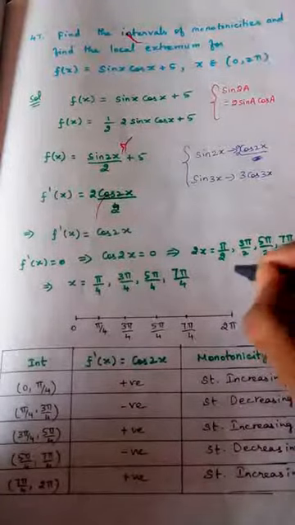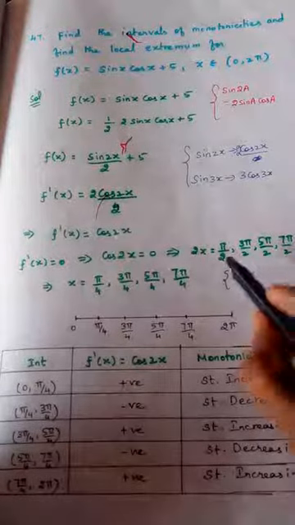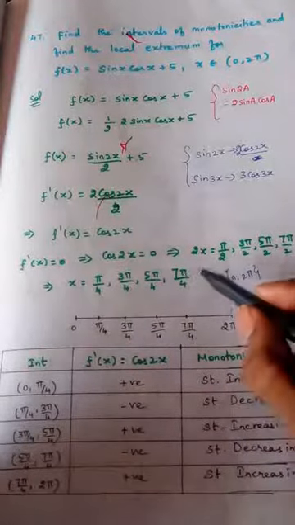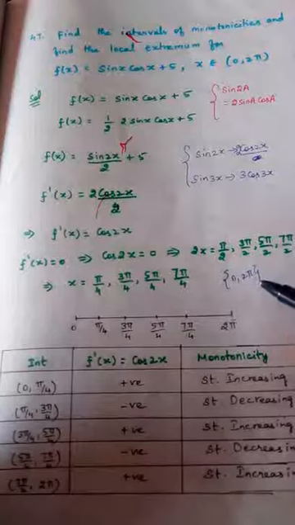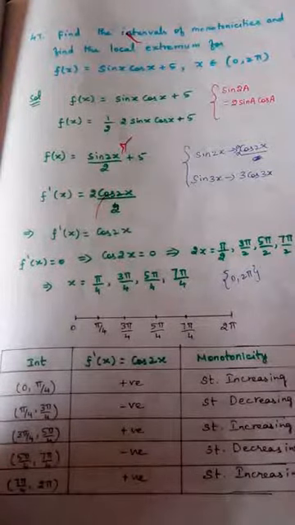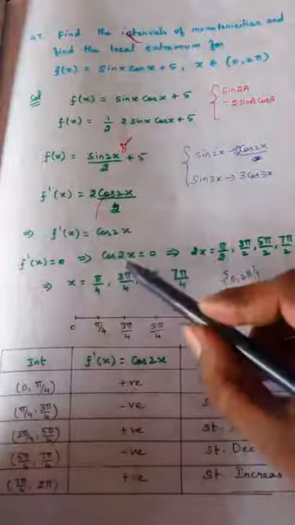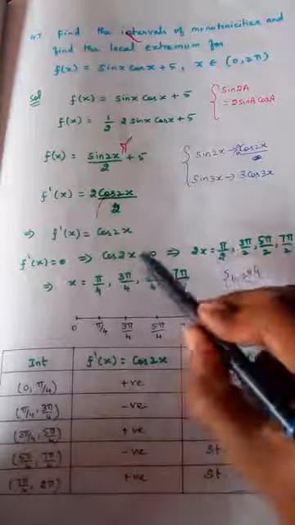So keeping in mind that the interval is 0 to 2 pi, we are taking only the 4 values, because 9 pi by 4 will not be present inside this interval. Try to understand why we stopped with 4 answers. In fact, if I put pi by 2 in place of 2x, the answer will be 0.